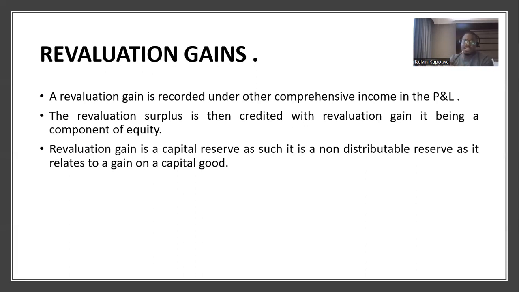The revaluation surplus is then credited with the revaluation gain, it being a component of equity. So when you get that revaluation gain, you are going to credit it to the revaluation surplus account.